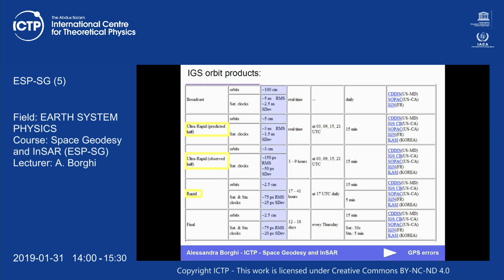But you can have the first one in real time, the second one in a few hours, or you can also have rapid orbit products in 1-2 days, more or less. And these are the centers that analyze the data, and all the solutions are combined to have the final product.